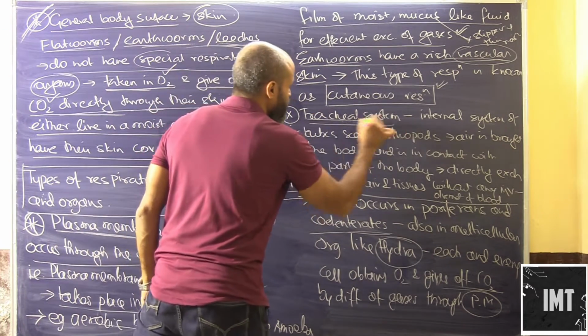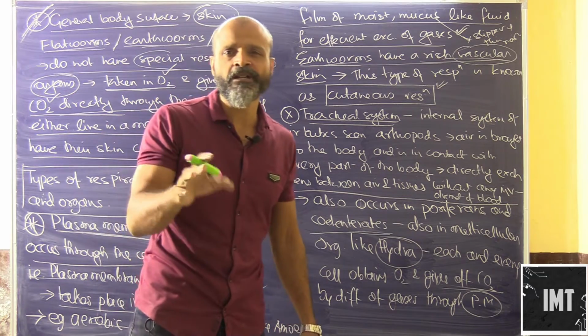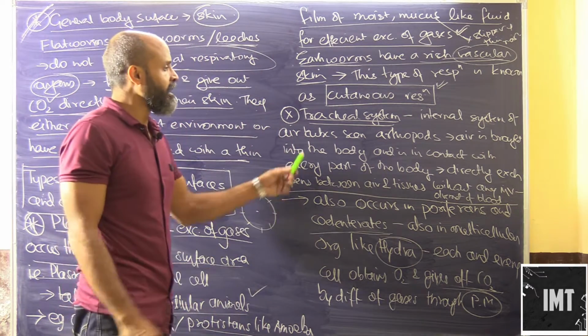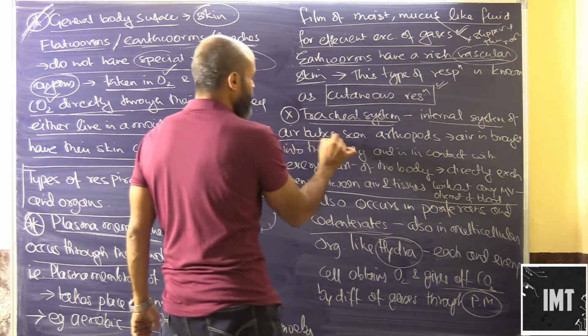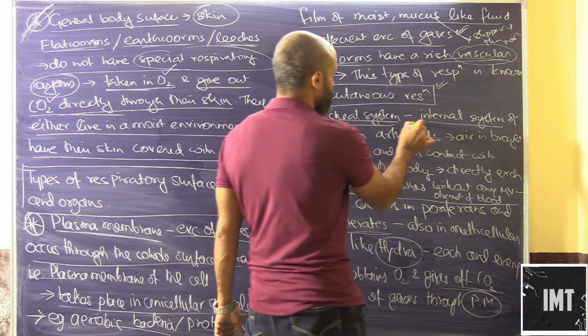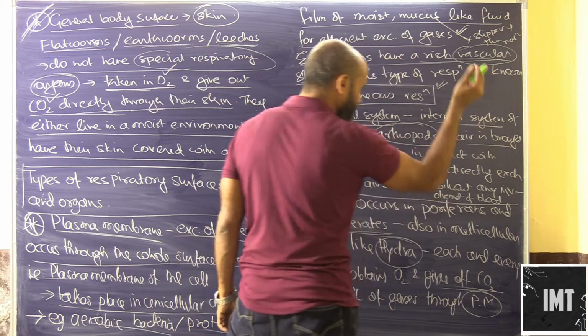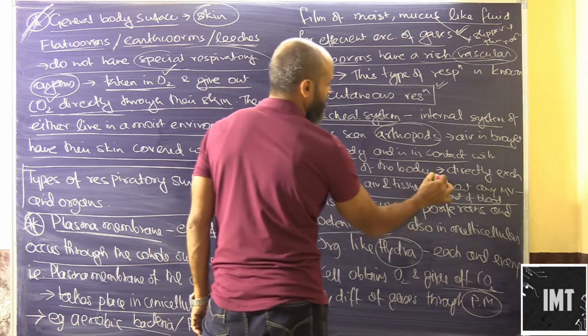Now we have the tracheal system. The tracheal system is seen in insects or arthropods like cockroaches. There is an internal system of fine chitinous tubes. The air is directly poured into the body and is in contact with each and every part of the body.